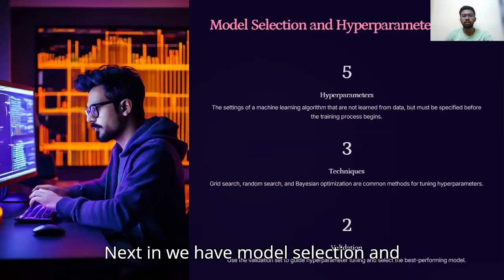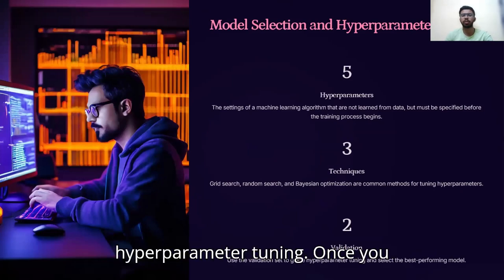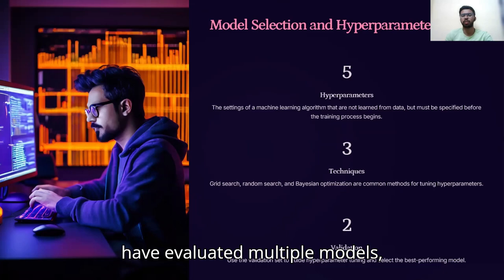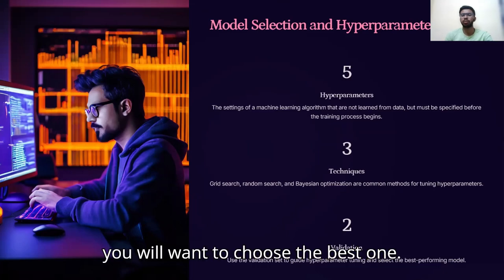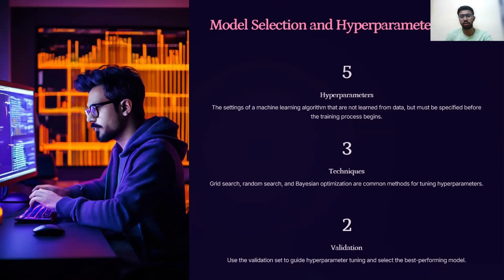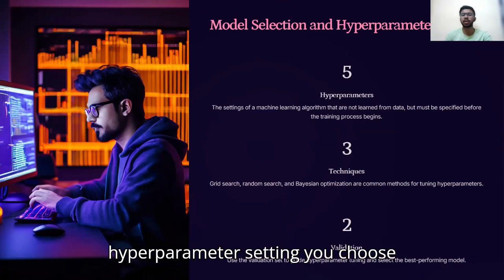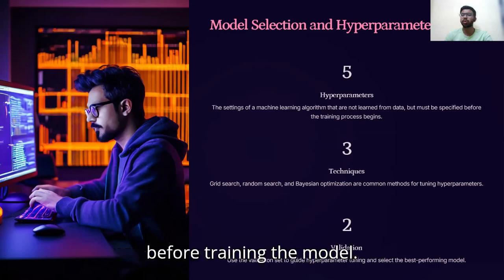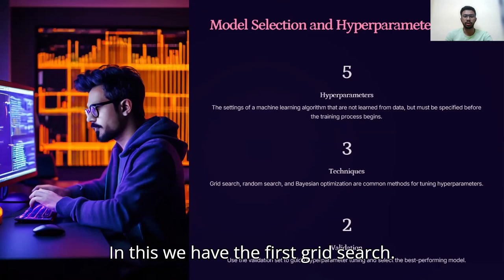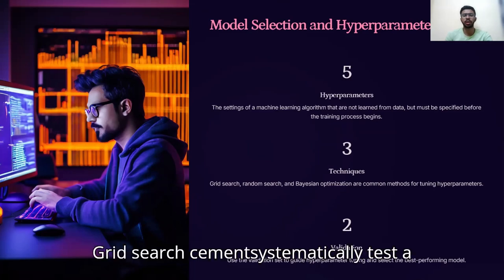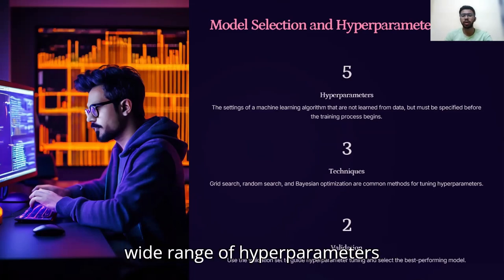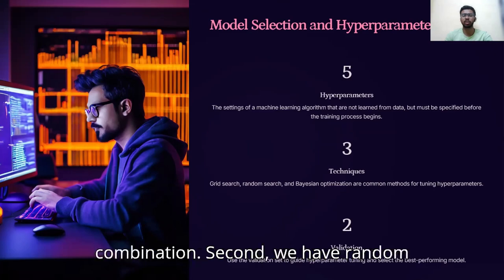Next we have model selection and hyperparameter tuning. Once you have evaluated multiple models, you want to choose the best one. This involves tuning the hyperparameters, settings you choose before training the model. In this, we have first grid search. Grid search systematically tests a wide range of hyperparameter combinations.